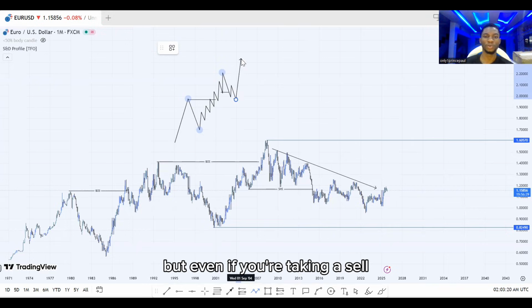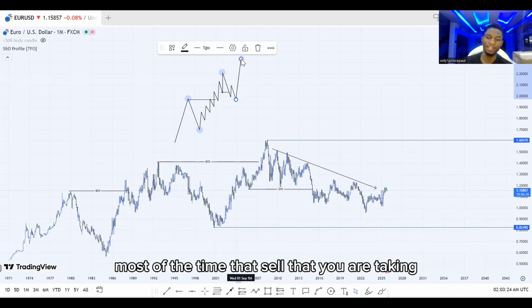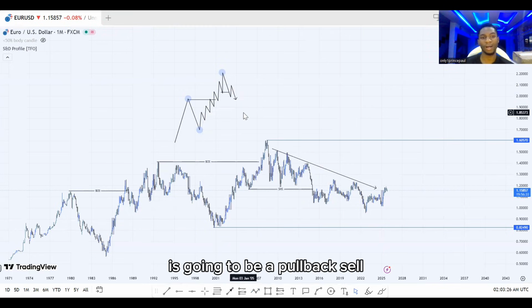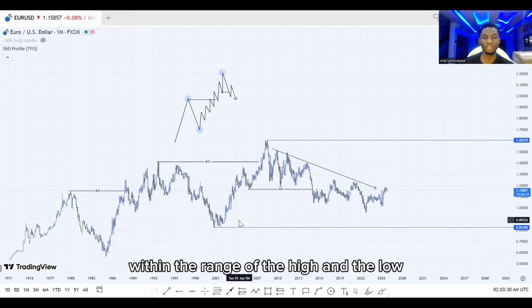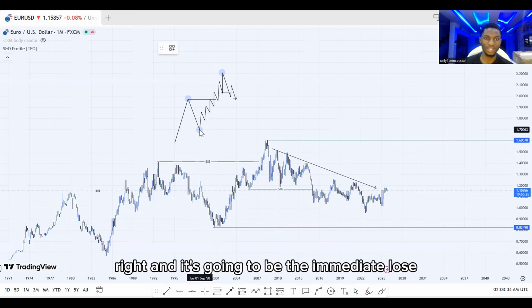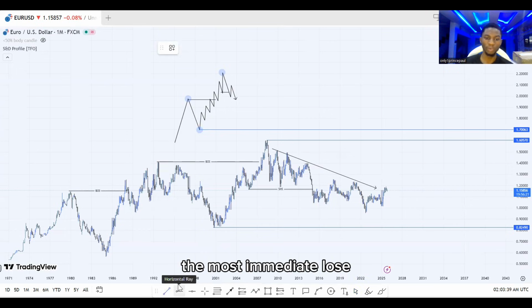But even if you're taking a sell due to the shift of market structure, most of the time that sell that you're taking is going to be a pullback sell. So your take profit is always going to be within the range of the high and the low, right? And it's going to be the immediate lows, the most immediate low.